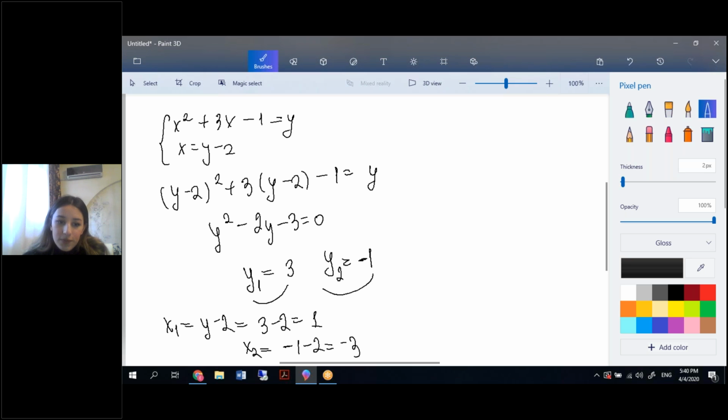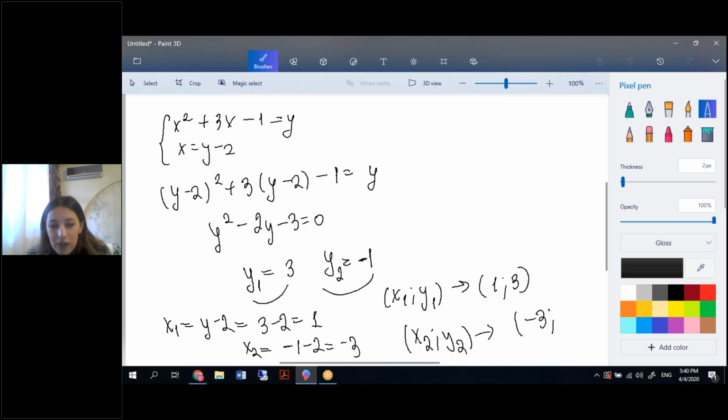So we get x1 and y1 equal to 1 and 3, and x2 and y2 equal to minus 3 and minus 1. So we get such solutions to this system of equations, two of them, because our discriminant was more than 0.